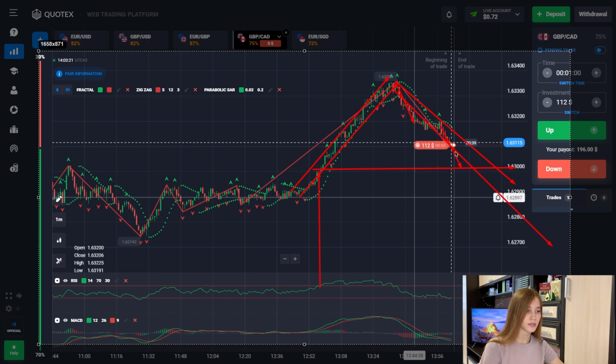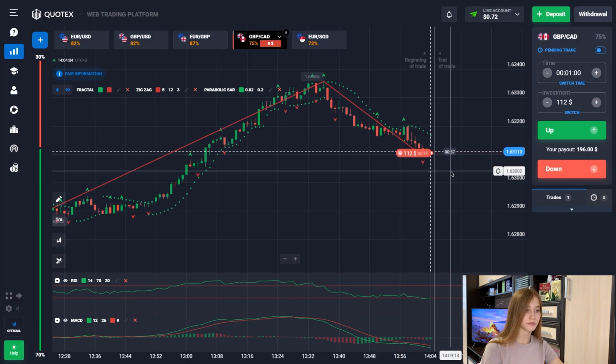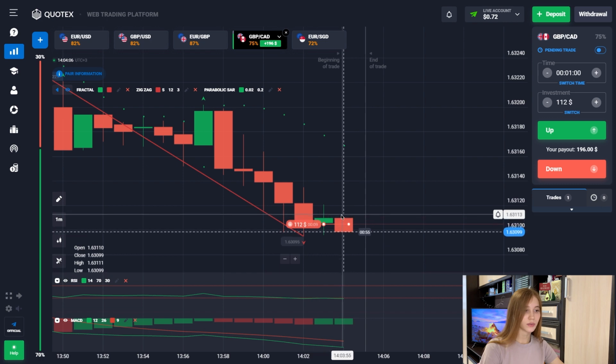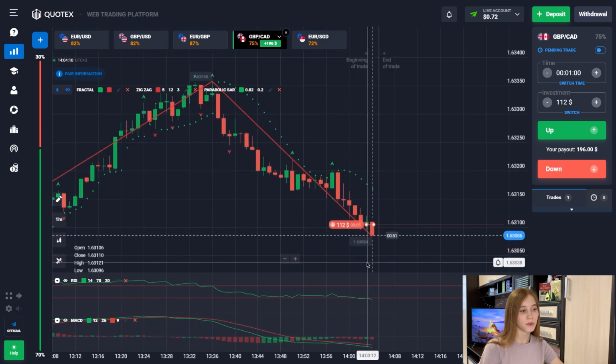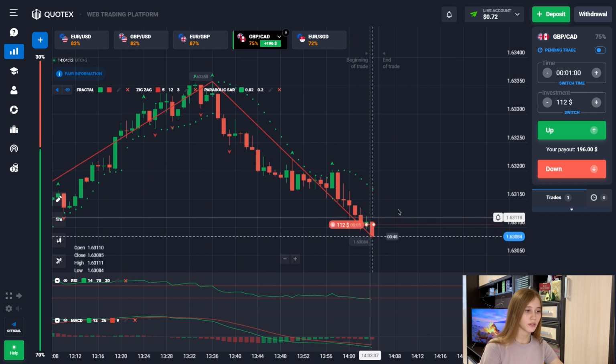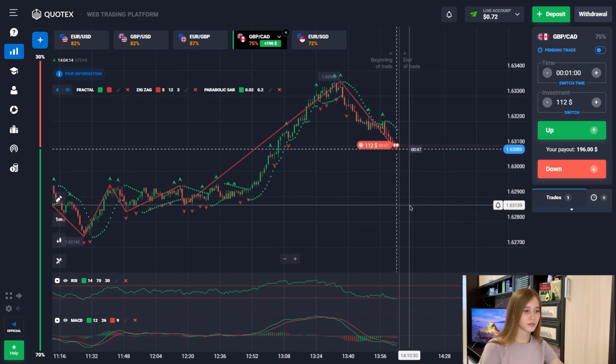Imagine that the price was already here in an overbought state, and it's necessary to somehow correct from a more acceptable position.